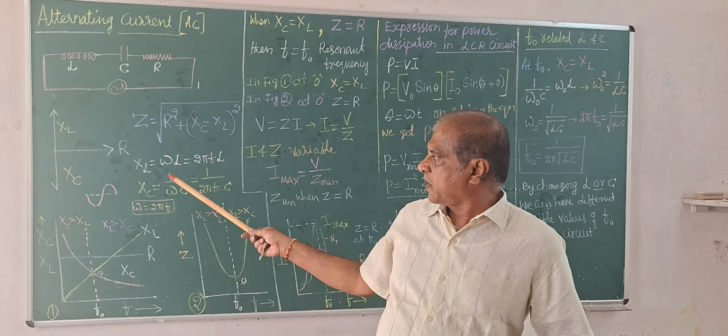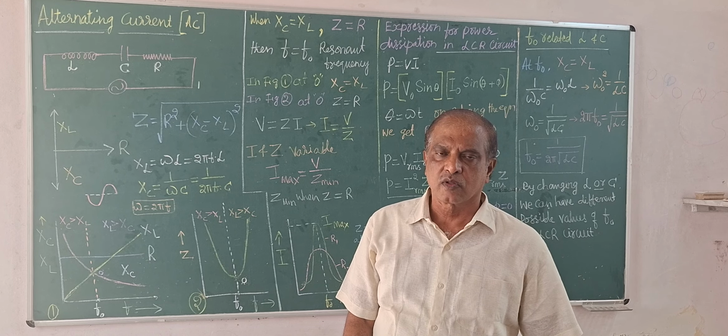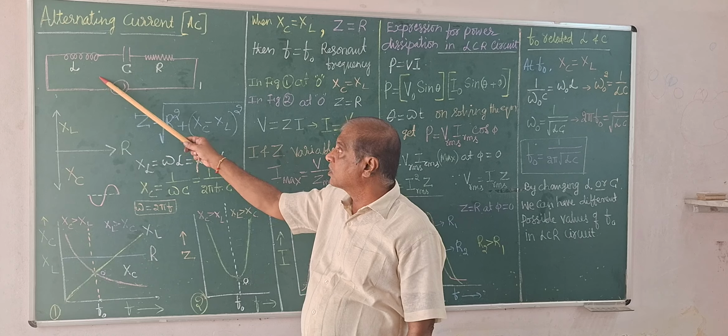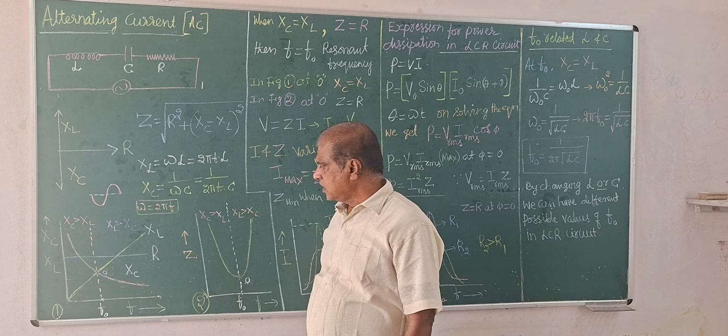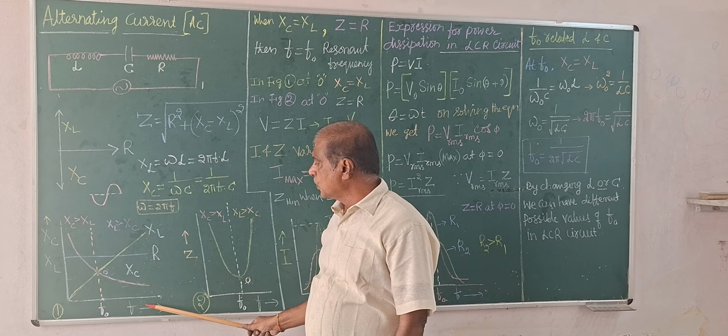AC is like electromagnetic radiations. So this frequency of the AC source flowing through LCR is related to these resistances.